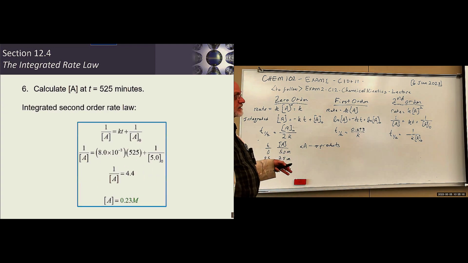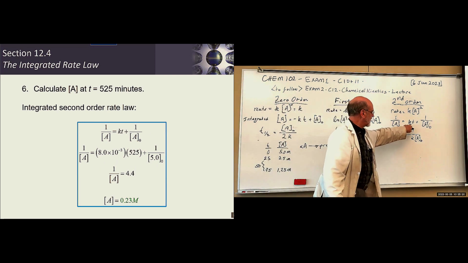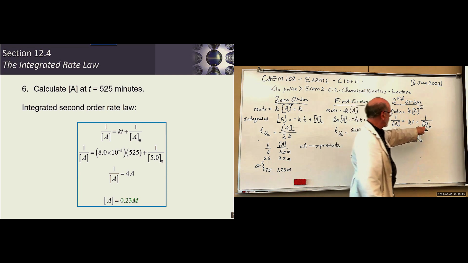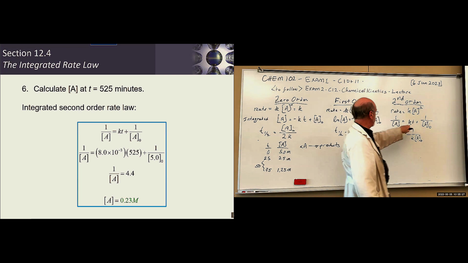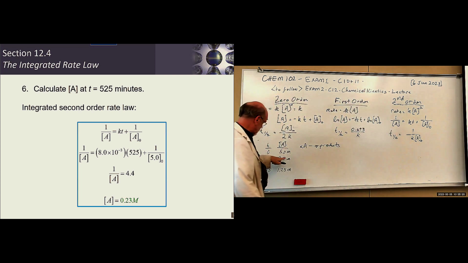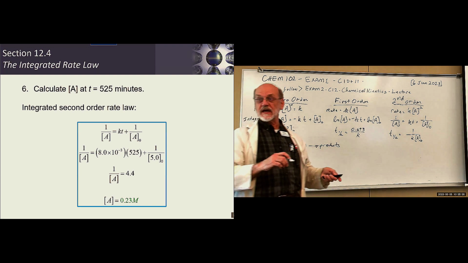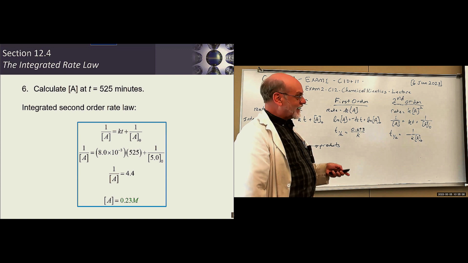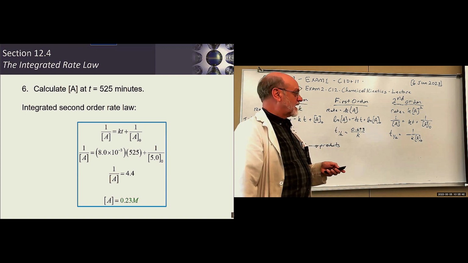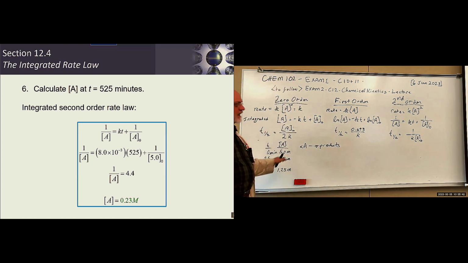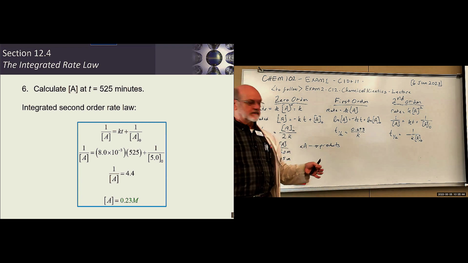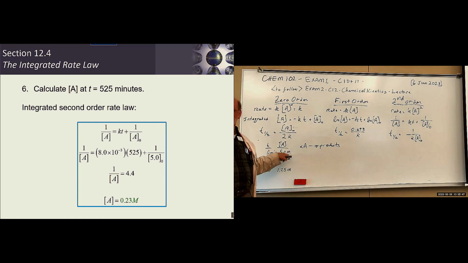We use the integrated rate law, the second order one. We put K in here. We put A0 in here. And the time, 525 minutes, is the same units as here, minutes. Right, so we don't have to change the units of time. Plug those values into our equation, we find out that after 525 minutes, there's only 0.23 molar left out of 5 molar to start with.